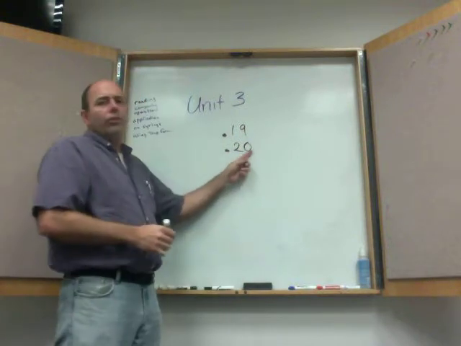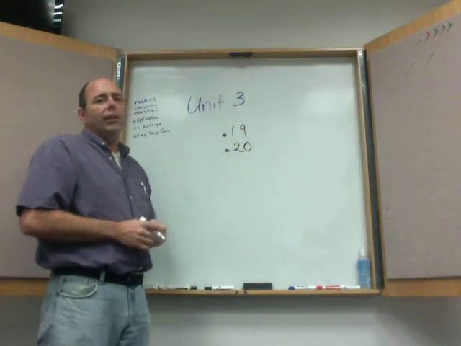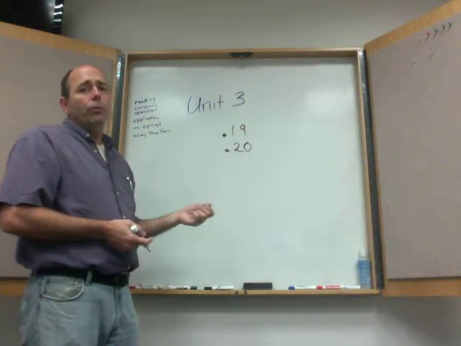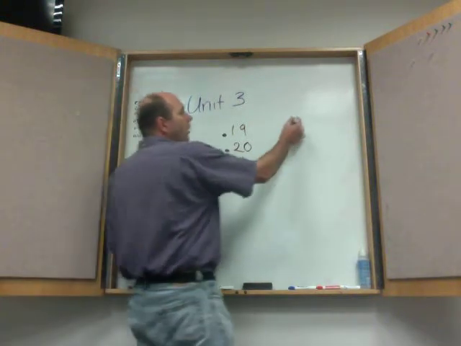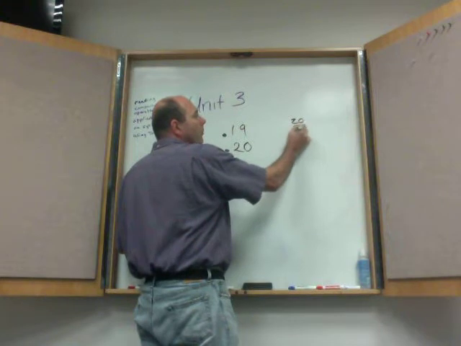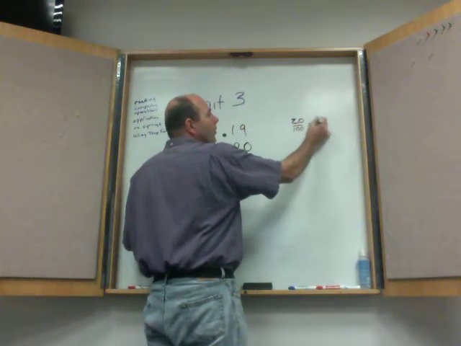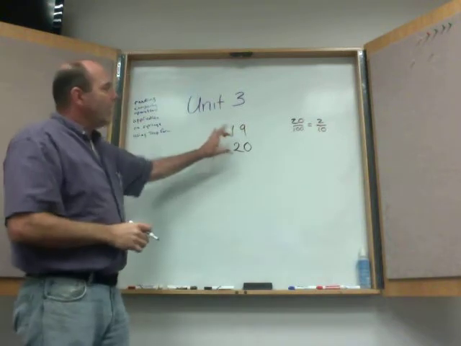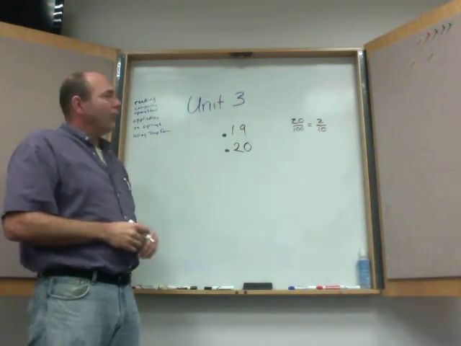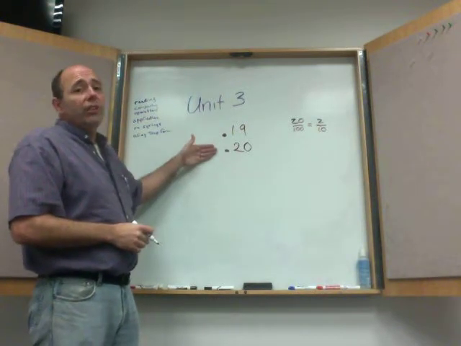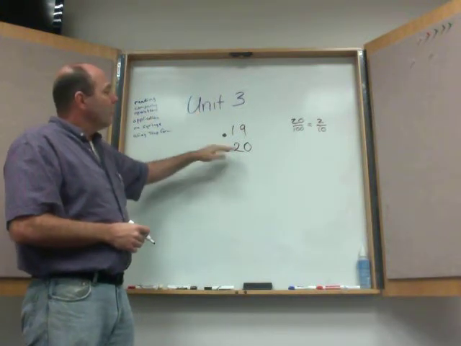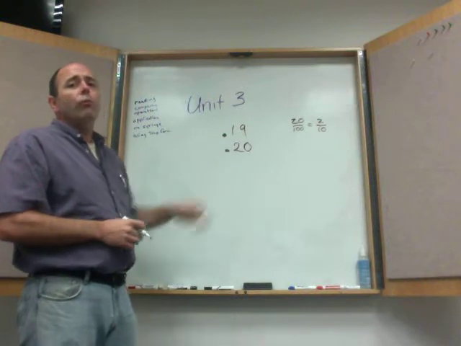I can add zeros here all day, and it doesn't change the fact that it's 2 tenths. 20 hundredths, 2 tenths. Remember back to fractions. Those are the same. So I can add numbers here all day long and it doesn't change it. Now it's easy to see that the 2 tenths was actually bigger than the 19 hundredths. As long as you have the same number of place values, it's really simple.